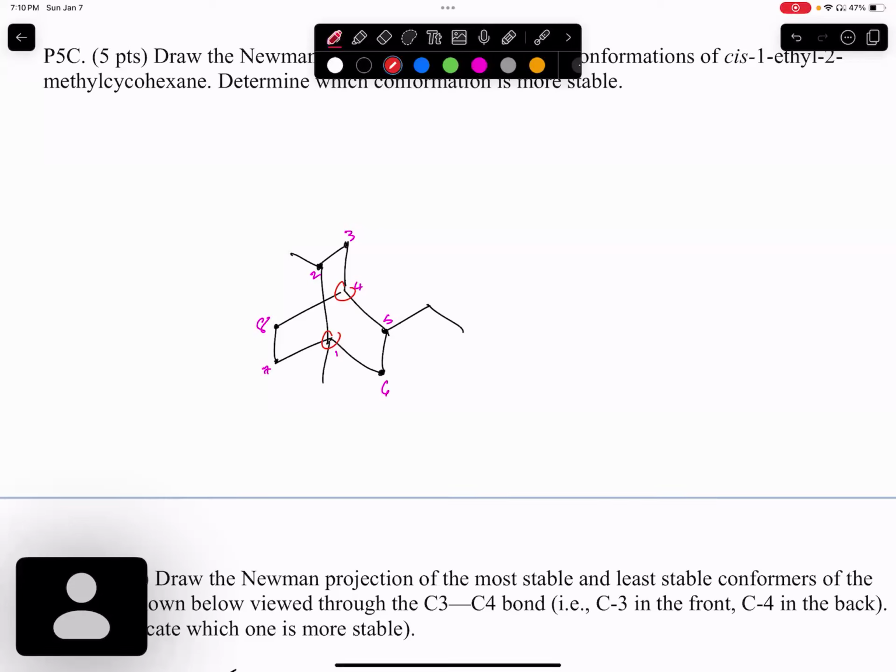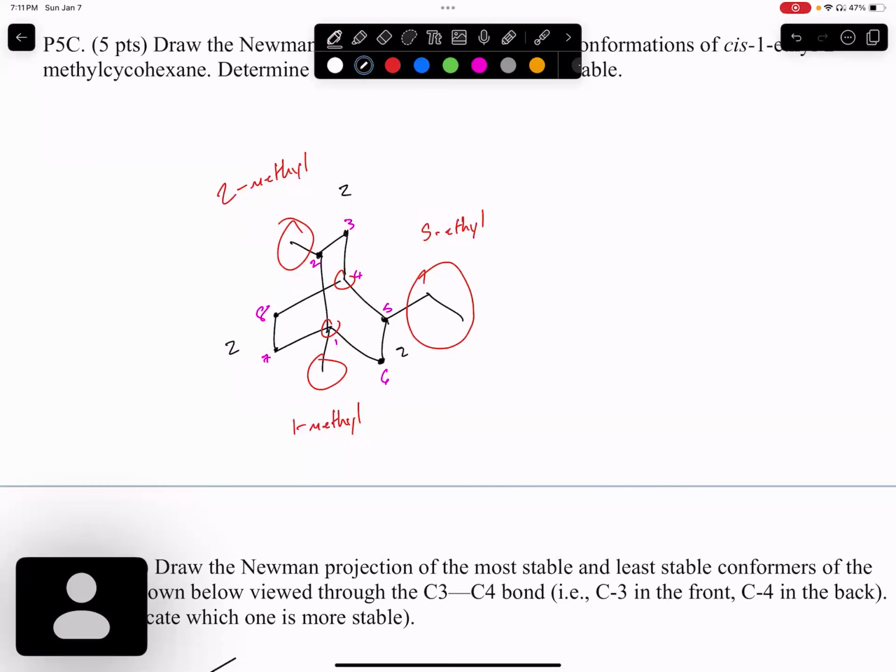So from here, I want everybody to tell me what's here, a 1 methyl, right? What's here? It's a 2 methyl. What's here? It's a 5 ethyl. We already know it's a bicyclo. And the lengths are 2 carbons, 2 carbons, and 2 carbons. If we add that up, we have 1, 2, 3, 4, 5, 6, 7, 8, and that's an octane.